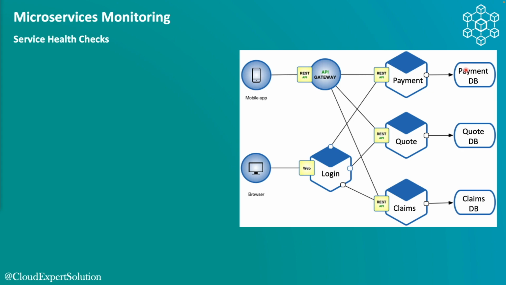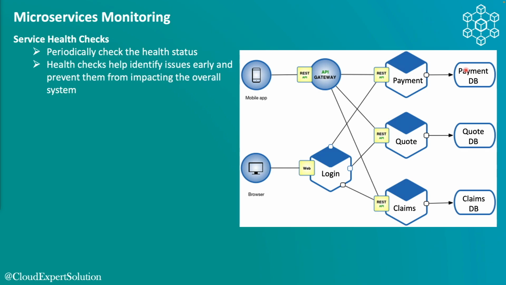First, we have to do a service health check. This is a proactive measure, not a reactive measure. That means we'll periodically do a health check for each individual module. This health check will help us to identify issues early, and it will prevent them from impacting the overall system.